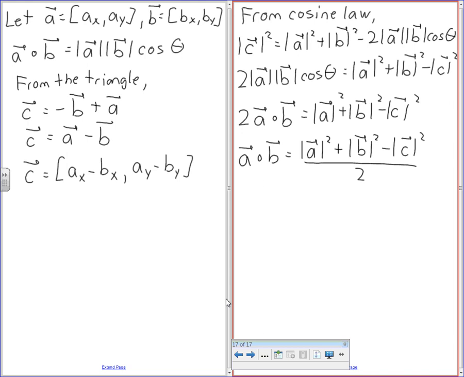Yeah, so this is going to be the square root, hopefully, of AX squared plus AY squared. That's what the magnitude of A is. Is anybody following me here? Other than Michael. Michael's following me.